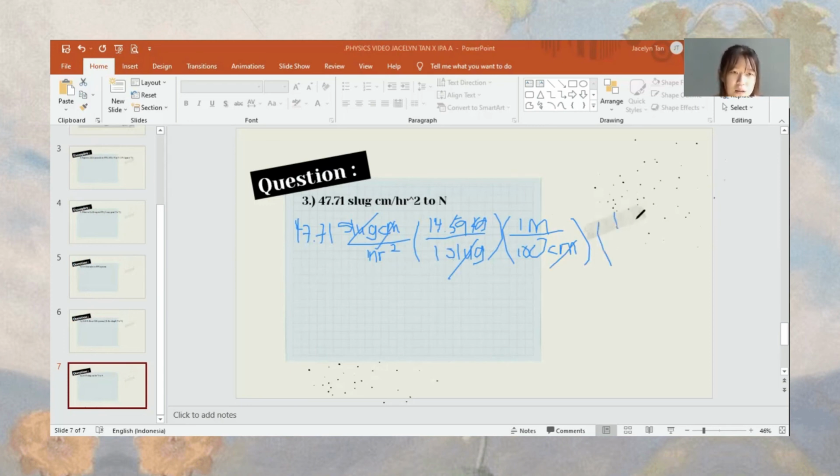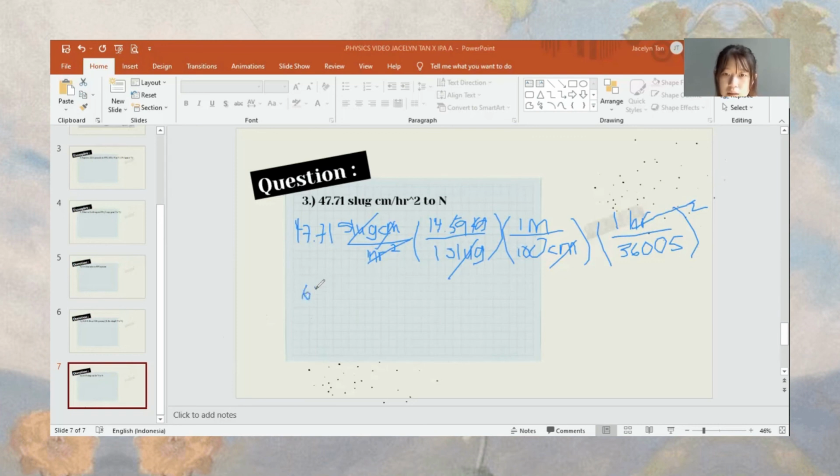So 1 hour is equal to 3,600 seconds, squared. So we can cancel it out. Now we just need to multiply 47.71 times 14.59 divided by 100 times 3,600.